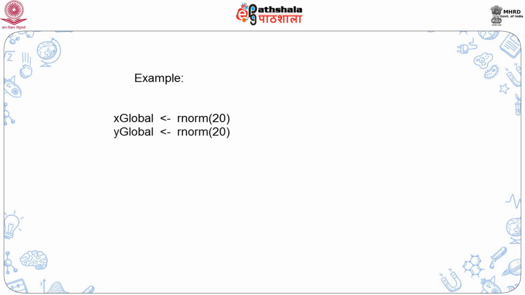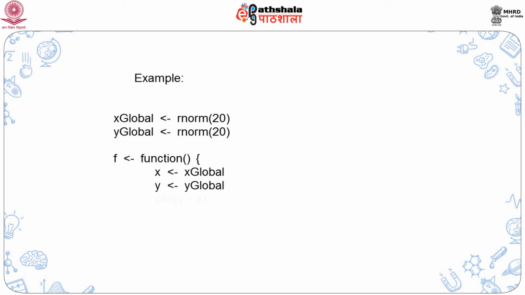So we have this x global and y global now. Now we are defining the function f, where within the body of the function we are assigning the x global values to x and the y global values to y.